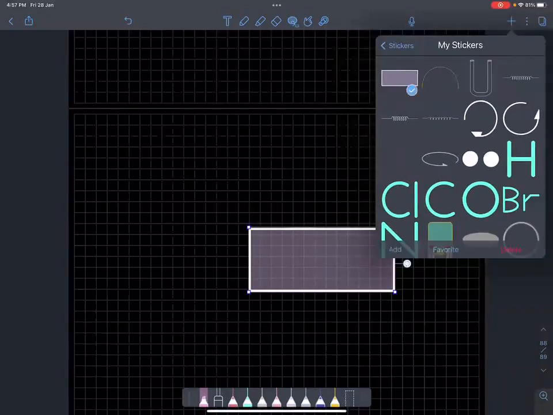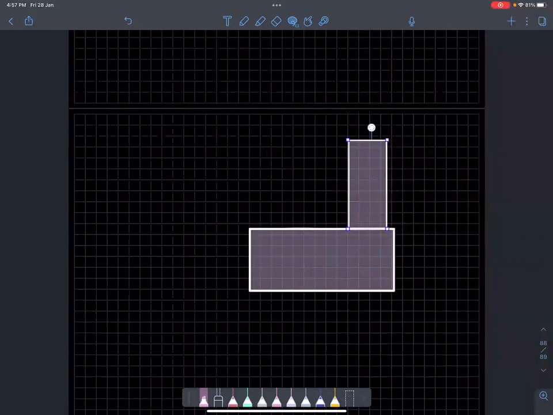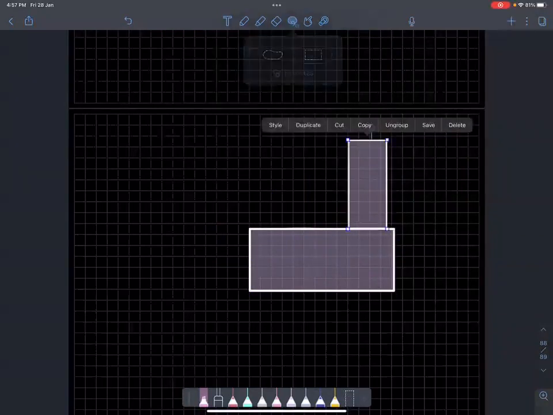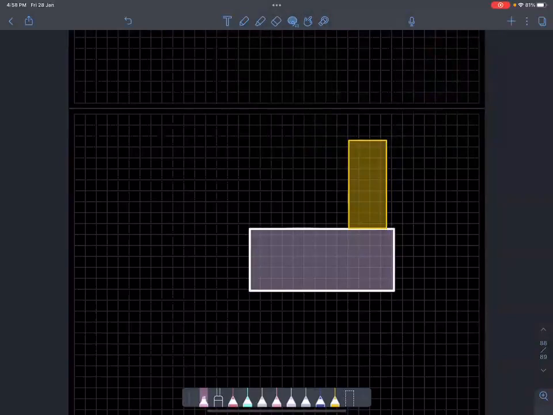The other mass is something like this. Okay, so these are two masses. Now there is a spring attached between them like this.